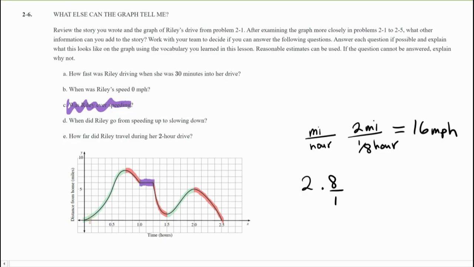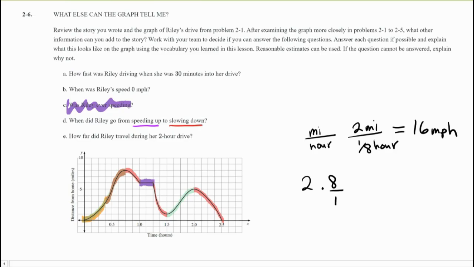We're going faster and faster and faster, and then we start to slow down from here to here because we're slowing down, meaning we're getting less far from home over time. So the actual words that we can use here are when it is concave up, we are speeding up. When it is concave down, we are slowing down.